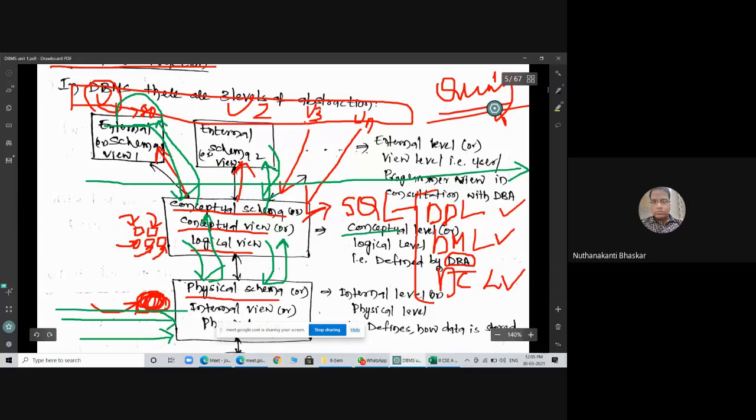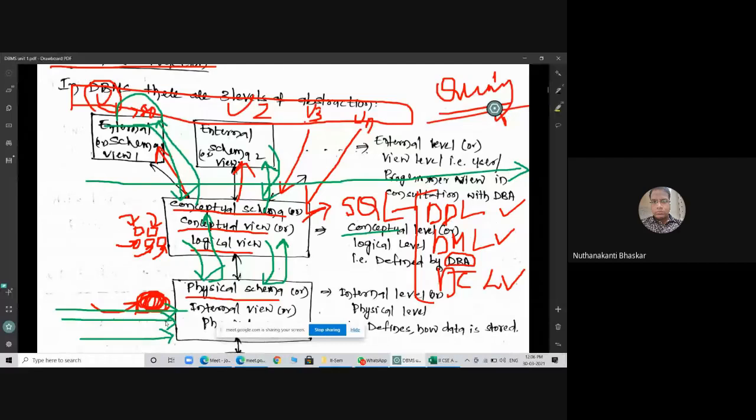So all are related to this physical schema. Physical schema is going to maintain all the data. Maybe the health insurance, bike insurance, credit cards, savings accounts, business accounts, agricultural accounts, loans on agricultural land, loans on gold.